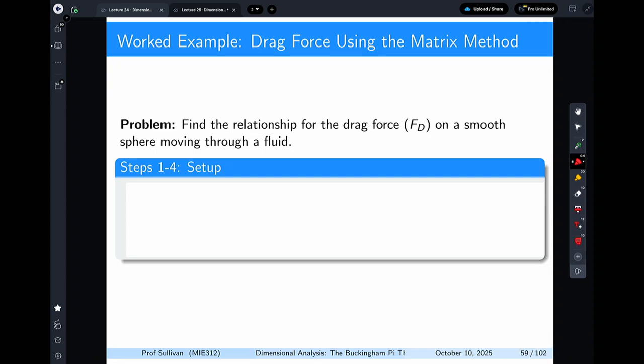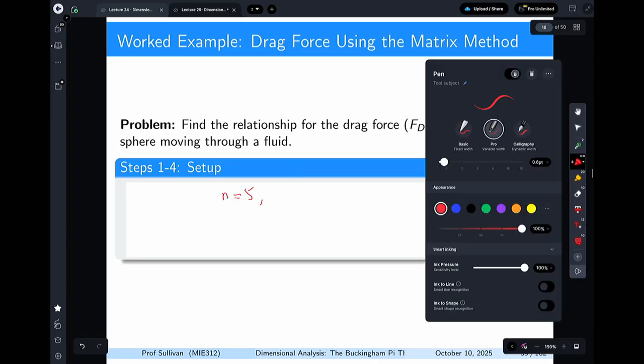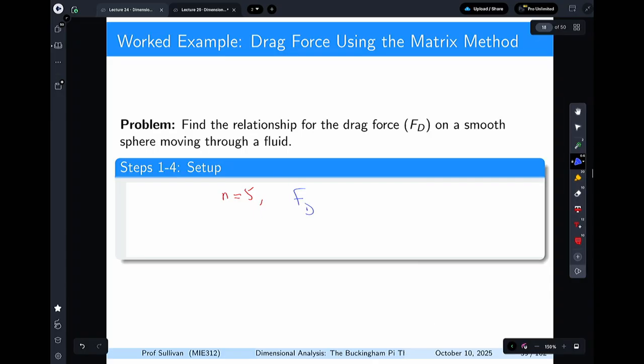So we could do this again, and it's useful to do so. We have n equals 5 terms here, where force of drag has dimensions m, l, t to the minus 2.